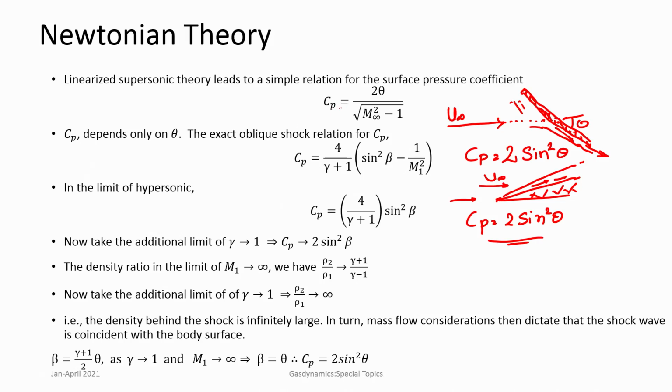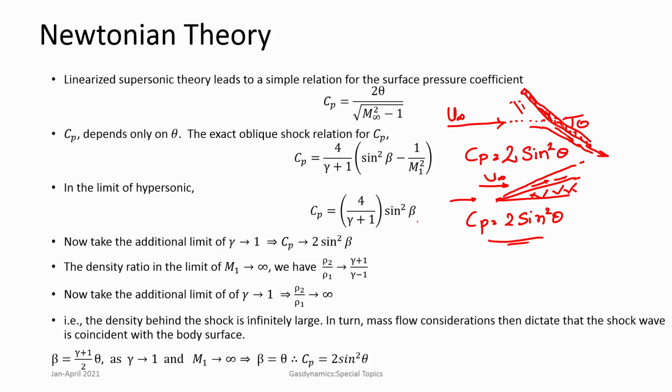In supersonic flow small perturbation theory, we saw Cp is 2 theta by square root of M infinity square minus 1, which simply stated that Cp depends on local surface inclination. The Newtonian theory also states that Cp depends only on the surface inclination. In the hypersonic limit, if we take a look at Cp, we find that it is actually depending on sine square beta, which we have just now done.